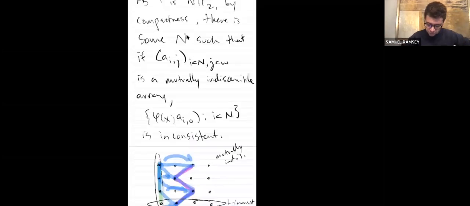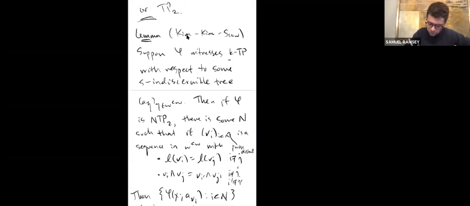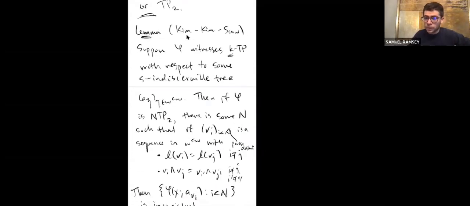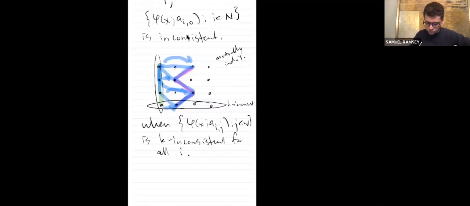So fix k. So given k, this k was fixed here. You're exactly right that the compactness argument that I would run, I have to fix the k, and then let n vary.